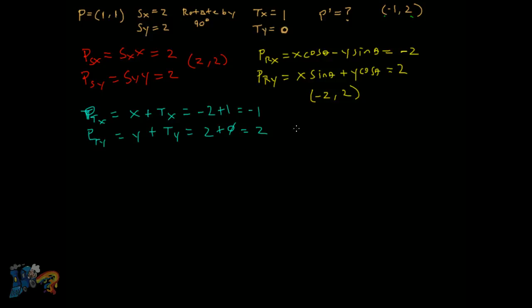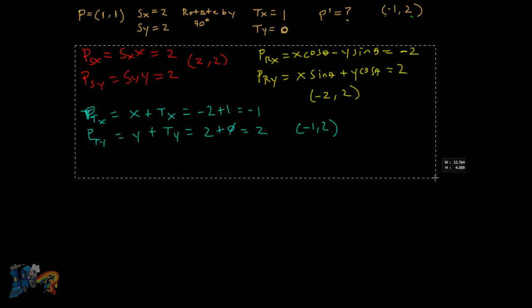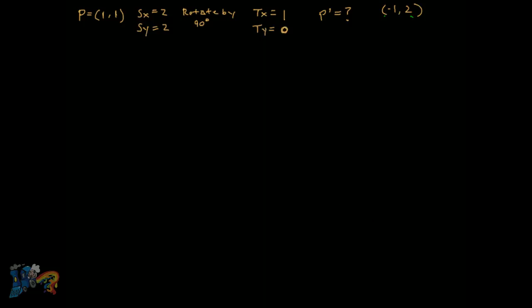So our final answer is -1 and 2. We had to do it step by step, taking the point from the previous calculation and using it in the next one, and we end up getting the right result. So that's the long way that we can do it, which is fine.